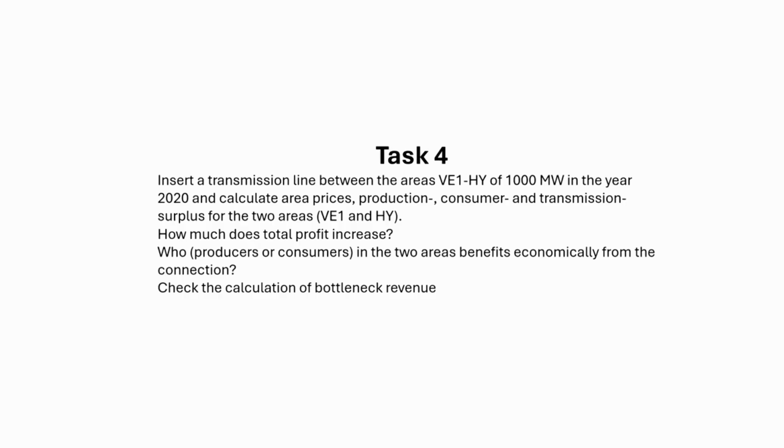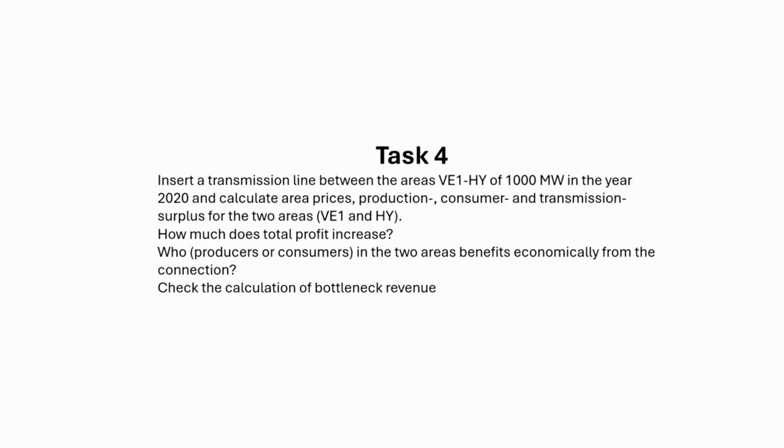And here we should insert a transmission line between the areas VE1 and HI of 1000 megawatts in year 2020. Then we should calculate area prices and the production, consumer and transmission surpluses for the two areas, VE1 and HI.